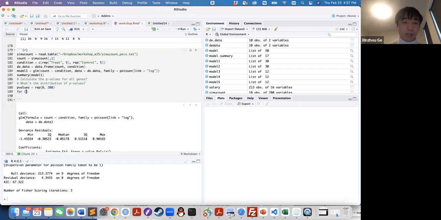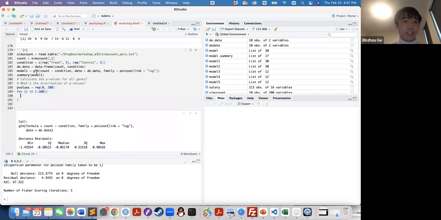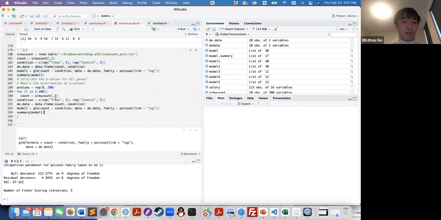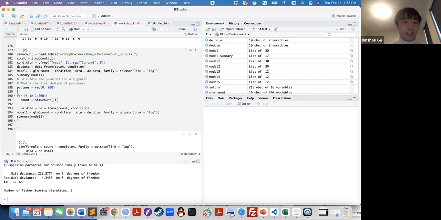And we can have a for loop for i from 1 to 200, for each of the genes. We just repeat what we have done. So we first look at the i-th column of the data frame, which is the i-th gene, and then we still use this condition label as our predictor.